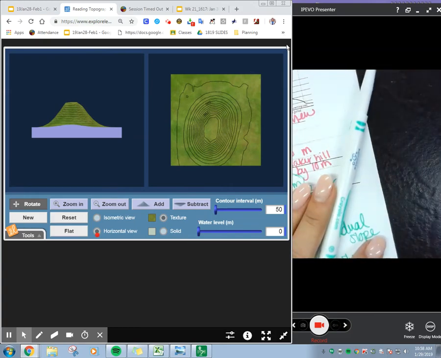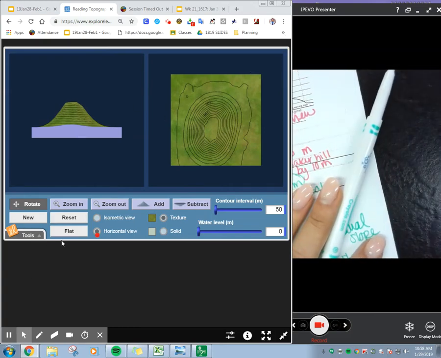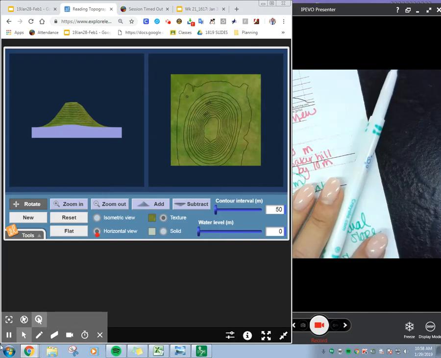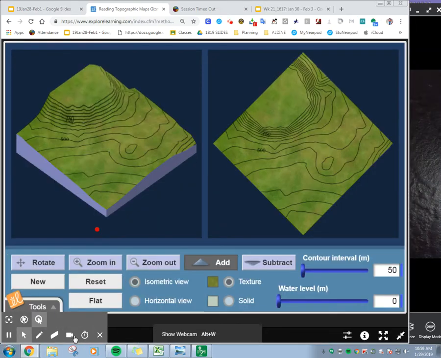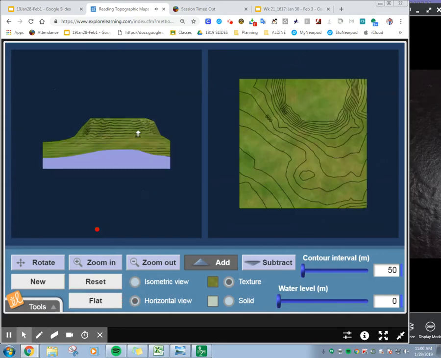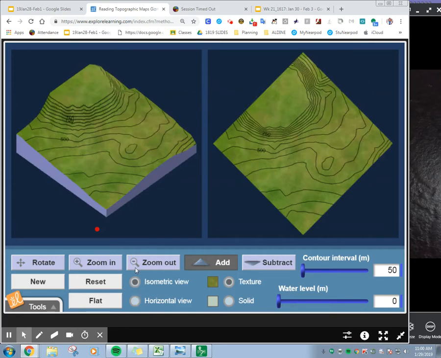All right, I'd just like to show you this right here. Take a look at this landform. You've got this hill right here, and right here you have kind of a more gradual increase. Whenever we look at horizontal, we've got this big plateau, and then we've got this land that's increasing softly around it.